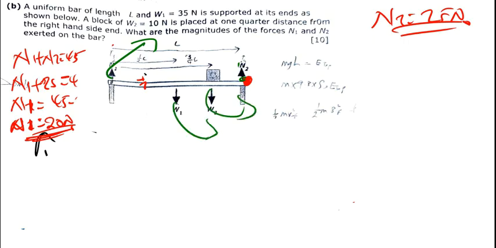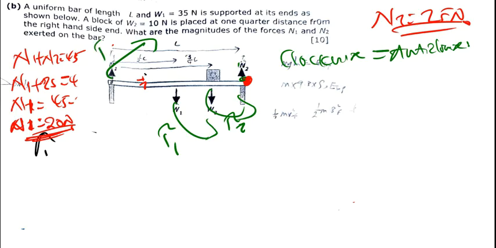So now I have clockwise equal to anti-clockwise. Clockwise, I'm going to call this torque 1, torque 2, torque 3. I have torque 3 should be equal to anti-clockwise, torque 1 plus torque 2.